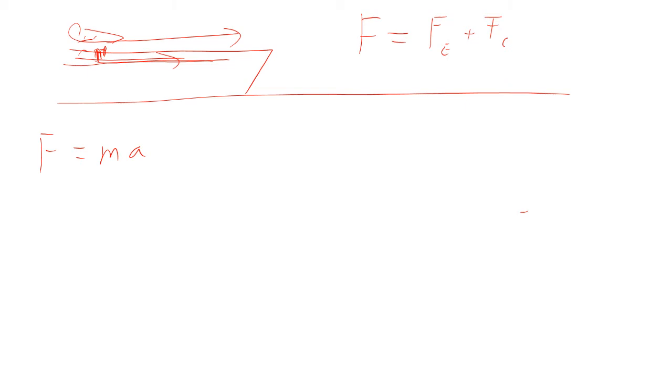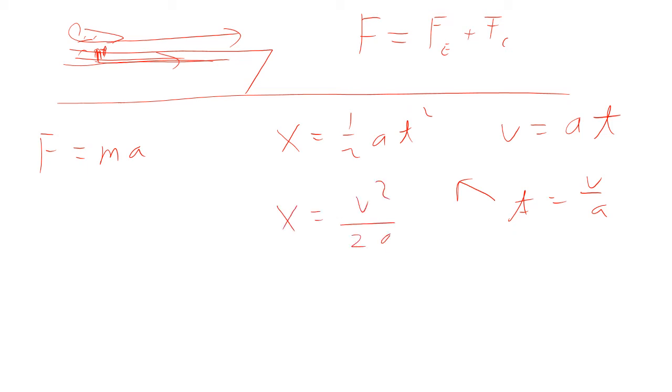Okay, well, we know that x equals 1/2 at squared. We know that v equals at, after we've canceled out all the stuff that's equal to 0. So we don't care about the time anymore, so t is v over a. So I plug in here, so x equals v squared over 2a, so a equals v squared over 2x.